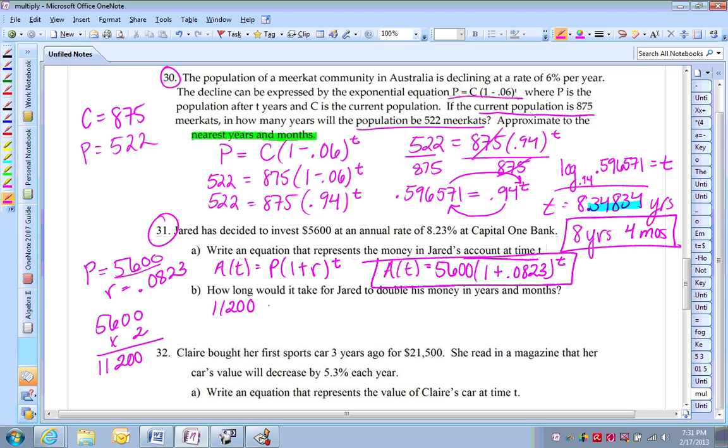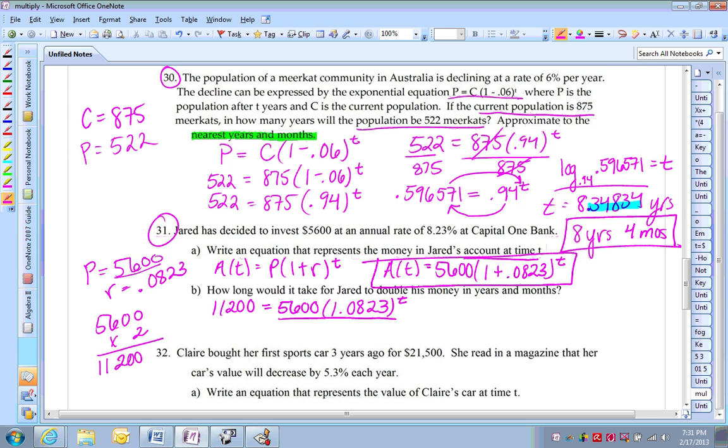I'm going to plug that into the formula for the amount in his bank account, the A of t, and set that equal to 11,200. On the right side is the original formula from part A: 5,600 times 1.0823, I just added together the 1 and the 0.0823, raised to the t. Now we're going to solve for t.